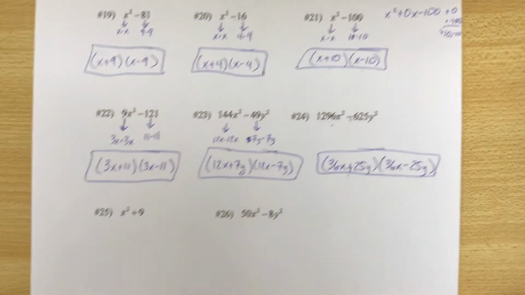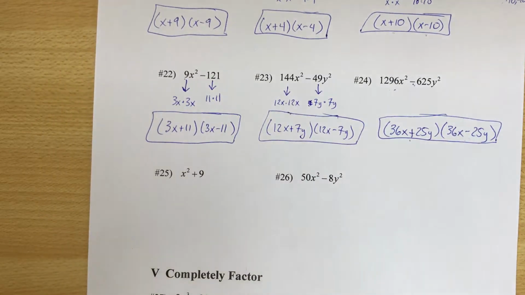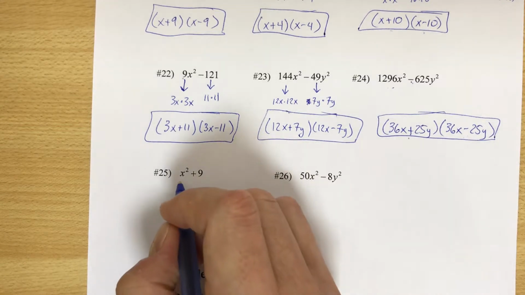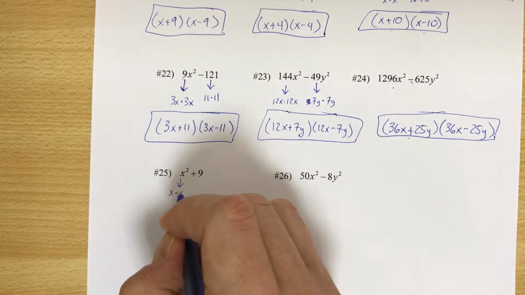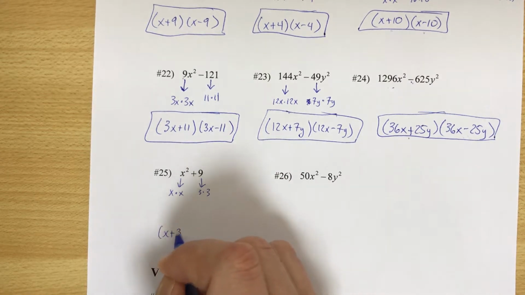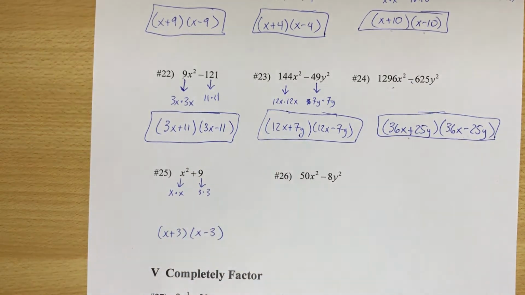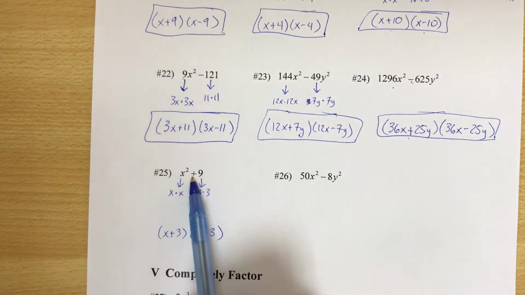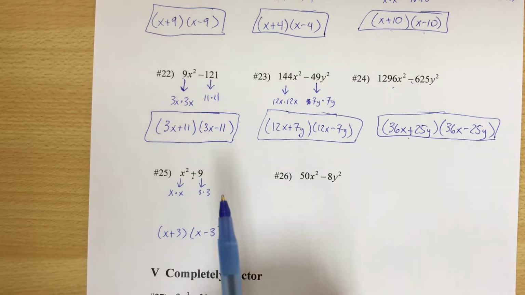Now I threw one problem in here to try to fool you. You will be tempted to say, okay, that's x times x, that's 3 times 3, so it's x plus 3 times x minus 3. But we have a problem. Notice it's not a difference of two squares, it is a sum. That is a plus sign right there.